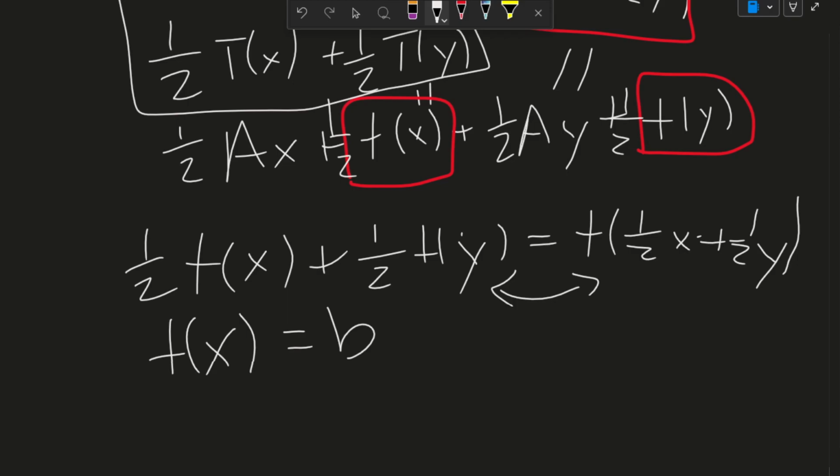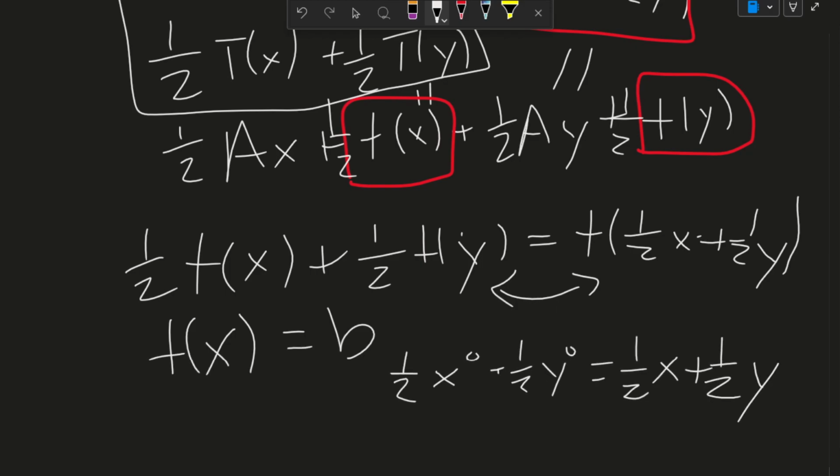Well, suppose that we had an entirely different combination. Let's say we had 1/2 x0 plus 1/2 y0, and that also equaled 1/2 x plus 1/2 y, right? Suppose we had this. Well, then this right-hand side would be the same if we evaluated t at this 1/2 x0 plus 1/2 y0.